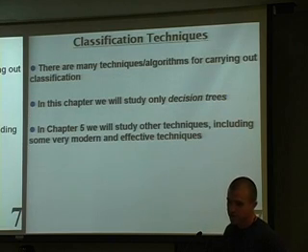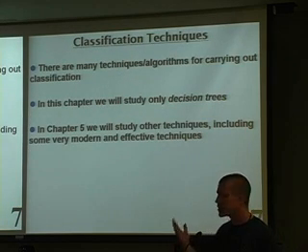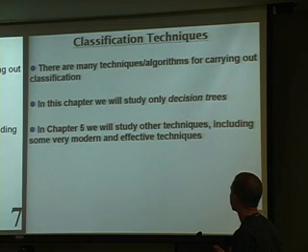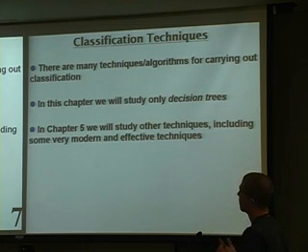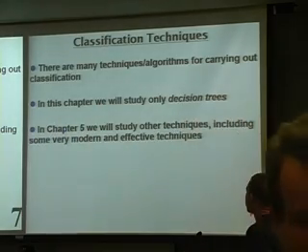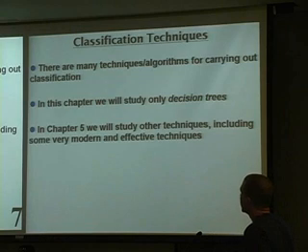Okay. So there are many algorithms for carrying out classification. In this chapter, we deal with decision trees. As for why we start with decision trees, I think it's more historically accurate, that's kind of the first algorithm that people started using for handling classification. It's certainly not the favorite algorithm anymore, but it is a simple algorithm. It tends to be computationally efficient in some aspects and has some nice features.